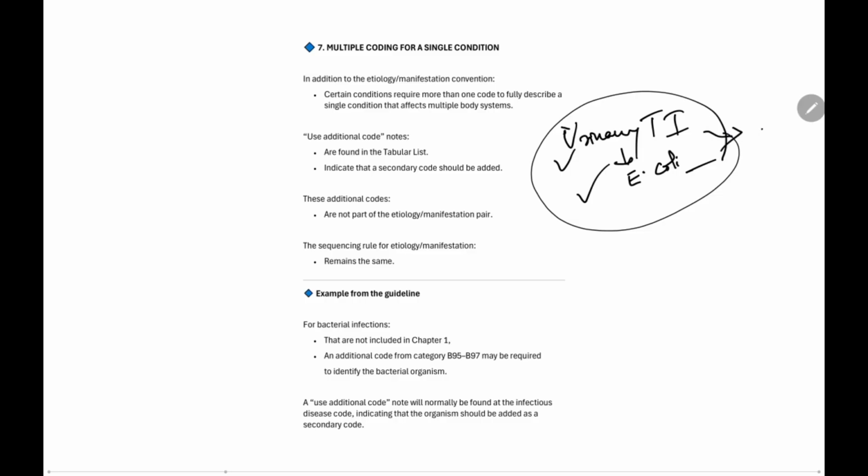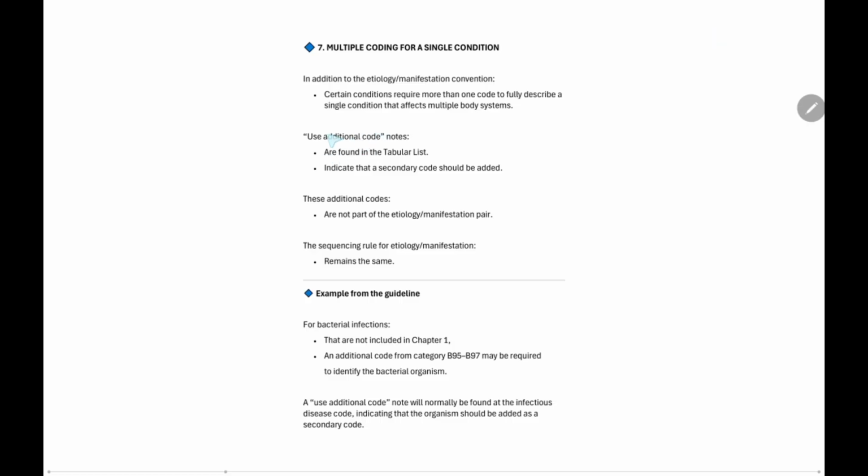There are possibilities, right? So for a single condition, in order to give an accurate code, if there is a bacteria present and after study, a lab test, you get the information that this organism is causing the UTI, then you should code that particular organism along with the definitive diagnosis. You should remember this, okay.